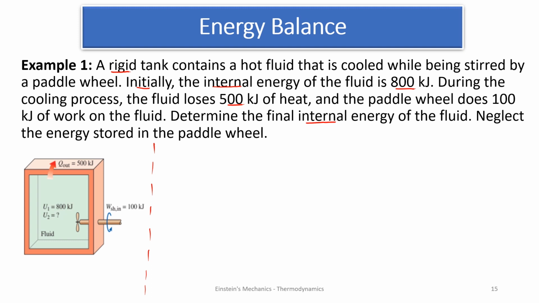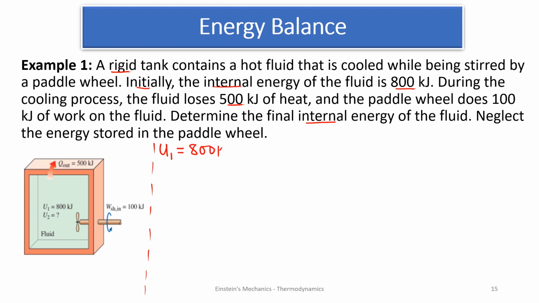And we are given the various parameters or energies. So let's list down our parameters. First, the initial internal energy of the fluid is 800 kJ, meaning there's an initial and there's a final. So I'll say my internal energy is represented by U, so my U1 is 800 kJ.